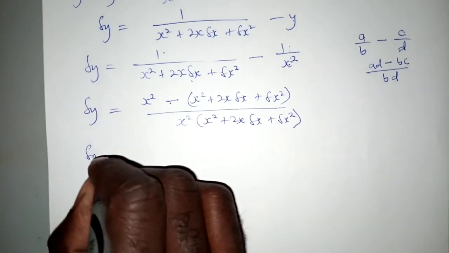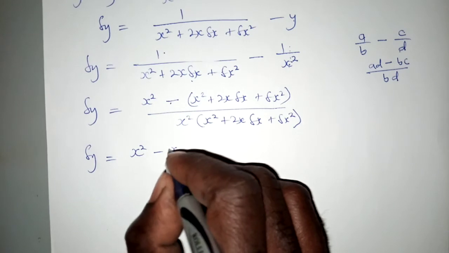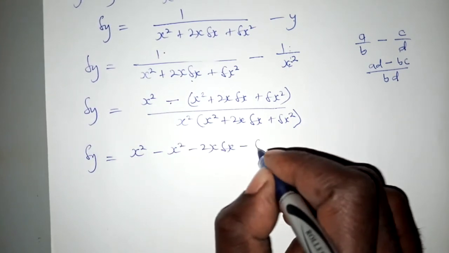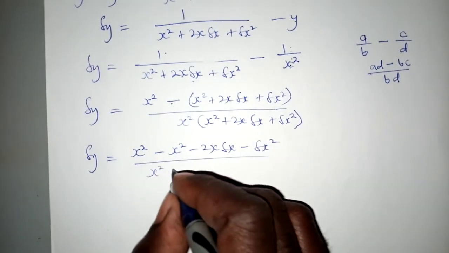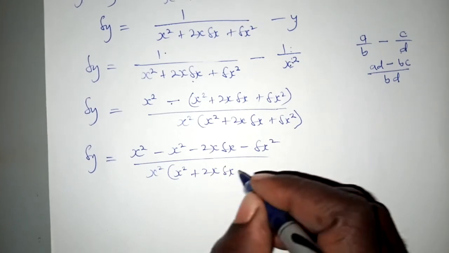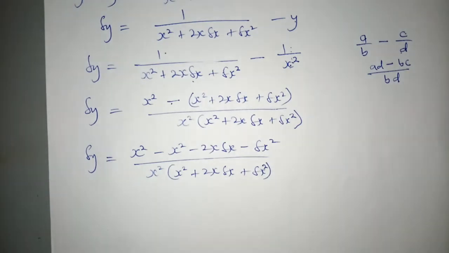So we have delta y is equal to x square minus x square minus 2x delta x minus delta x square, everything all over x square into x square plus 2x delta x plus delta x square.